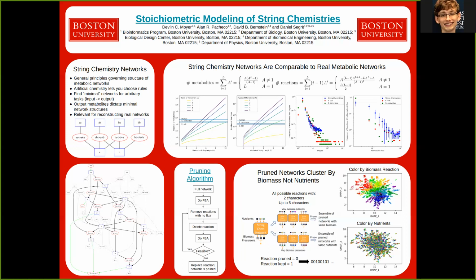So we stepped it up a bit to the universal network of reactions and metabolites, where there are 2 kinds of characters strings can be made of, and strings can be up to 5 characters long. And we aren't visualizing that network here because it is a mess. It is much more complicated than the one you see in the bottom left, which is only up to string length 3.